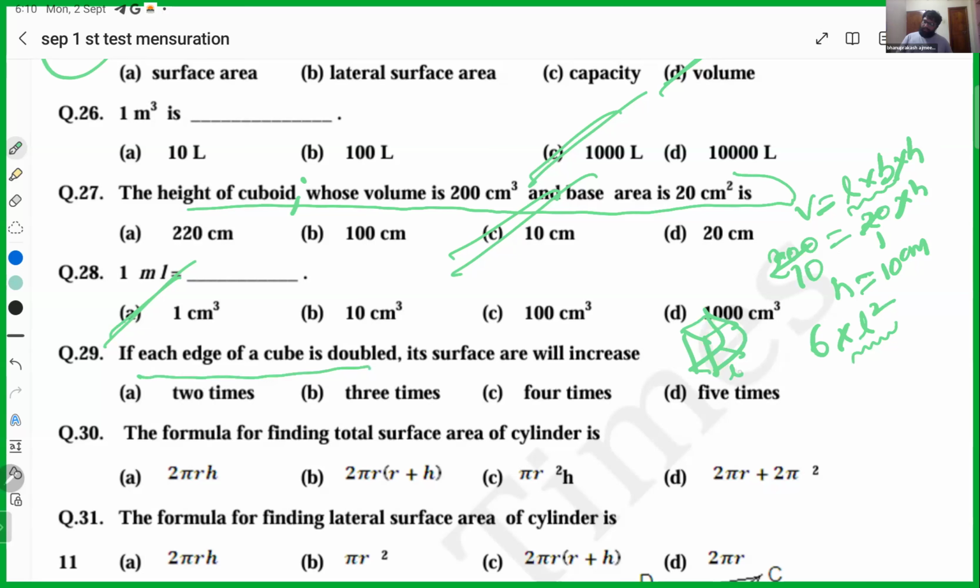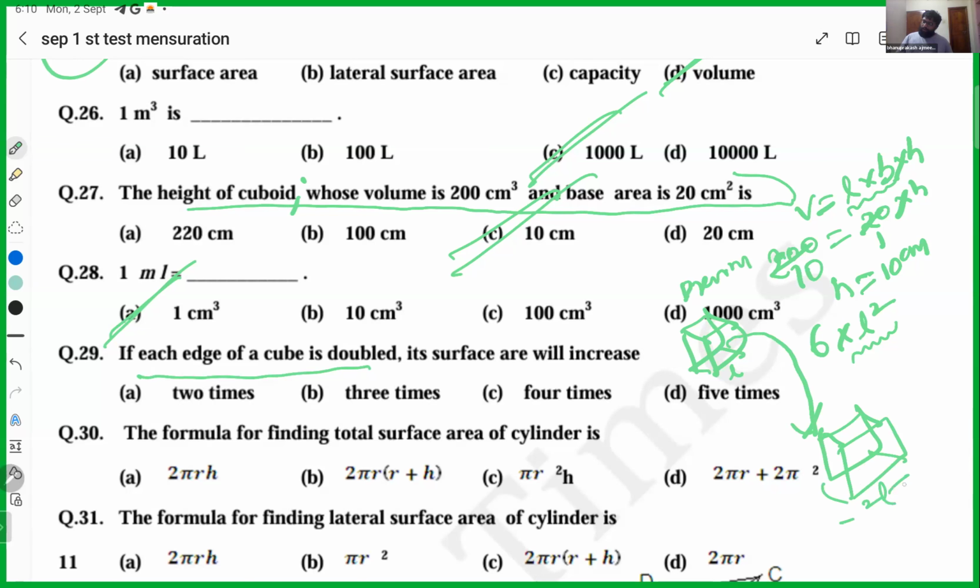Suppose this is L, the previous one; when the edge is doubled it will be 2L.